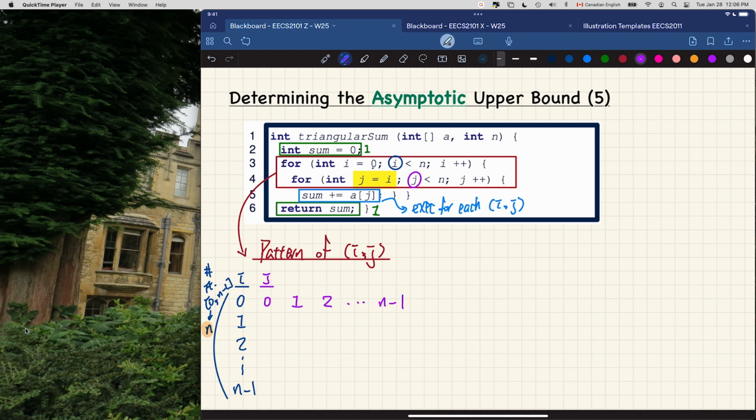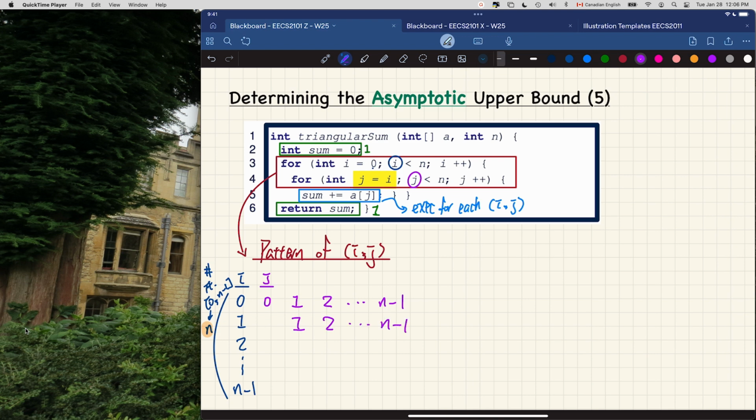That one's easy to see. All right? What about the second iteration for the outer loop? When i is incremented to 1, what will be the value for j? From 1 to n minus 1, right? It's going to be from 1 all the way to n minus 1.